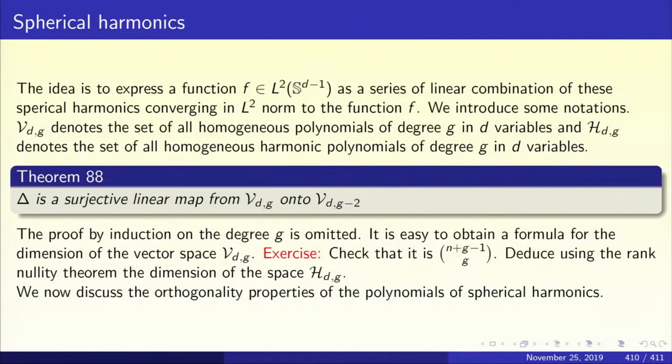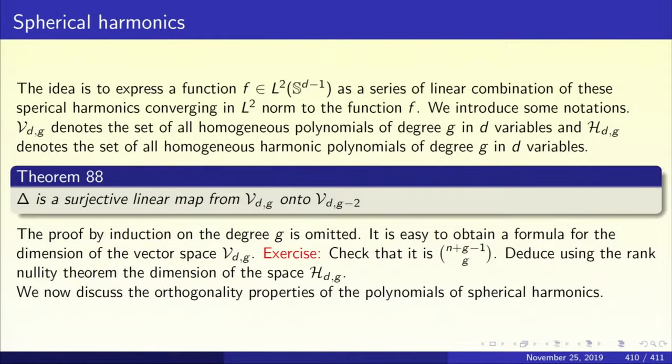The Laplacian is a linear transformation from V_d^g to V_d^(g-2). When I differentiate a polynomial twice, the degree goes down by 2. So a homogeneous polynomial remains homogeneous when I differentiate it. The Laplacian is a second order differential operator, so it will take the vector space V_d^g to the vector space V_d^(g-2).